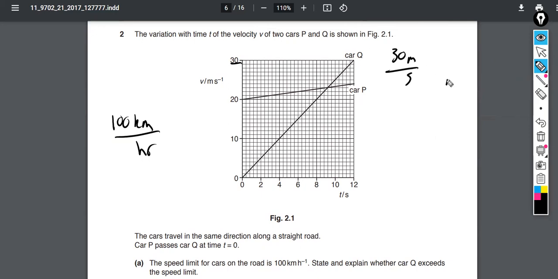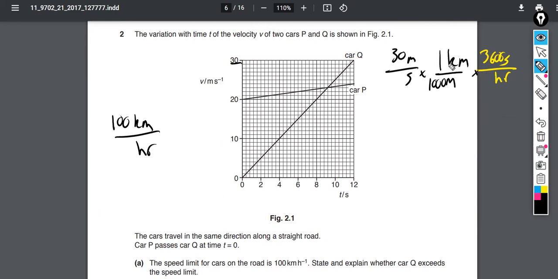In order to convert meters to kilometers, we recognize that there are 1,000 meters in a kilometer. In order to convert seconds to hours, we're going to put 3,600 seconds per hour. If we look at the way I've set up this calculation, we have 30 times 1 times 3,600 divided by 1,000.